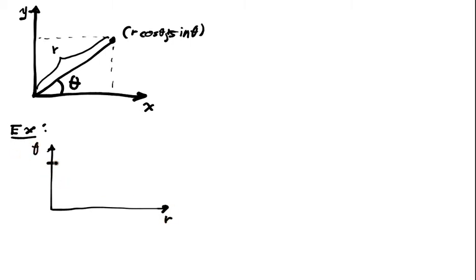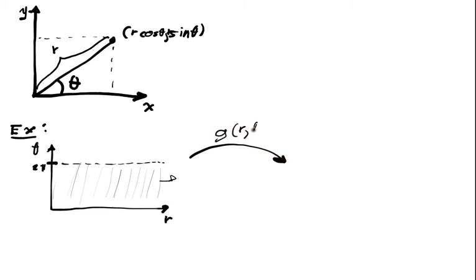And of course we go up to 2 pi in theta, and we don't include it because we've already accounted for theta equal to 0. And this region goes on forever, so it's this entire region here. And our map, g of (r, theta), will take us into the xy plane.